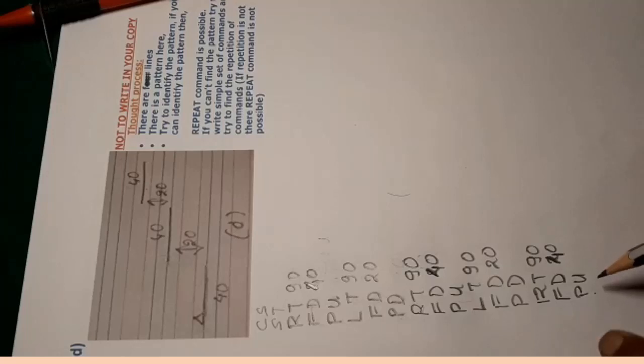So PU, then LT90, then FD20, then pen down and HT.